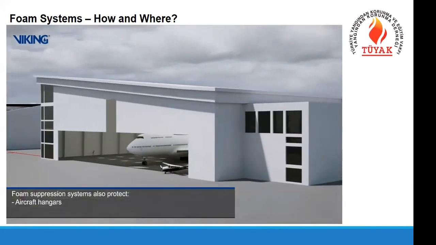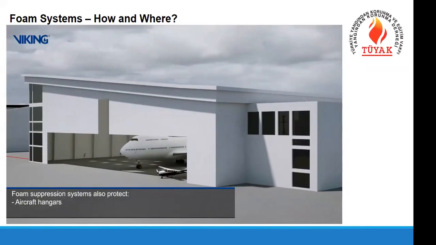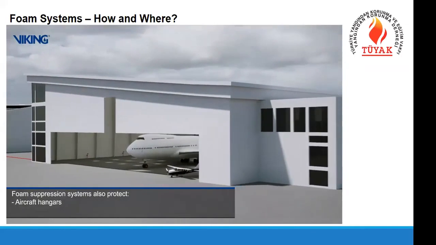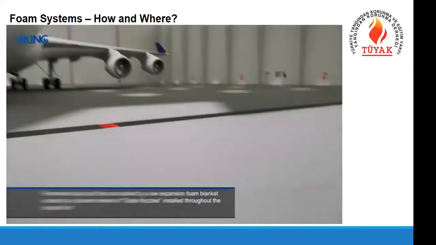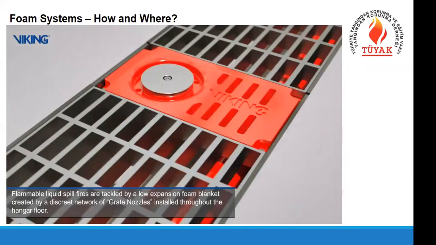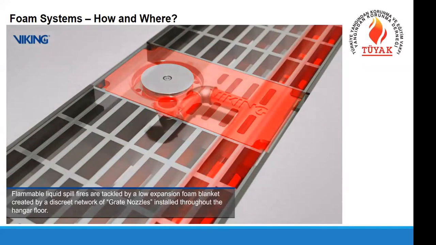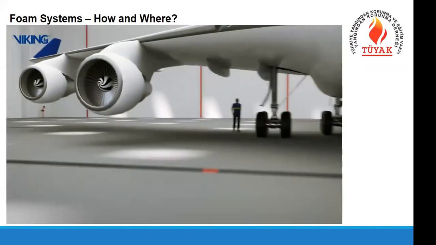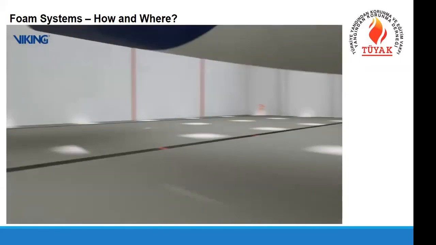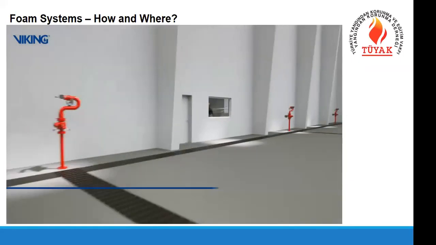And also in aircraft hangars, we have different types of systems at floor level. At floor level, we have grate nozzles integrated into the floor of the hangar that eliminate any kind of flammable and jet fuel spill fires and control the fire in a very fast manner.